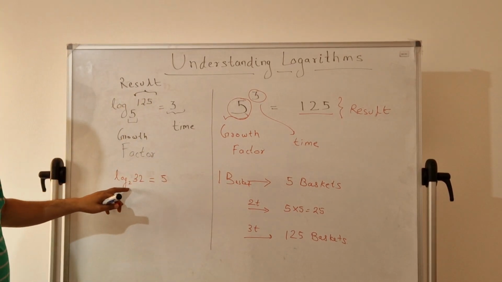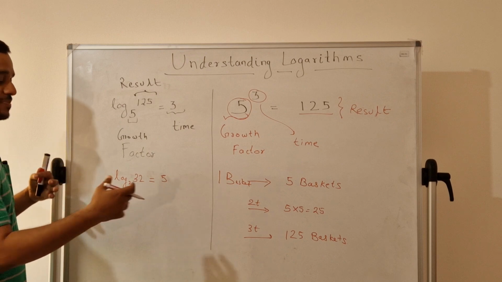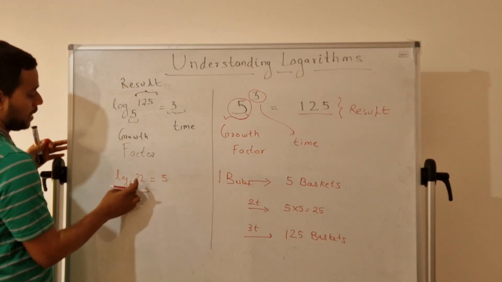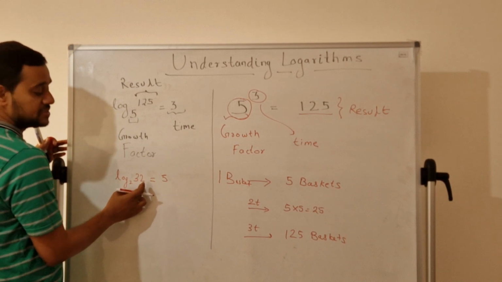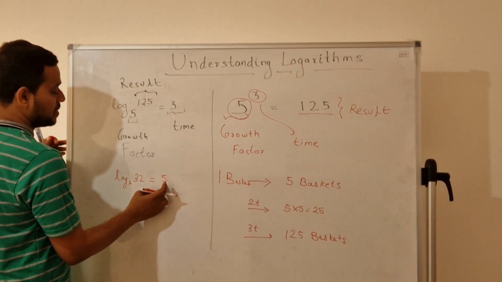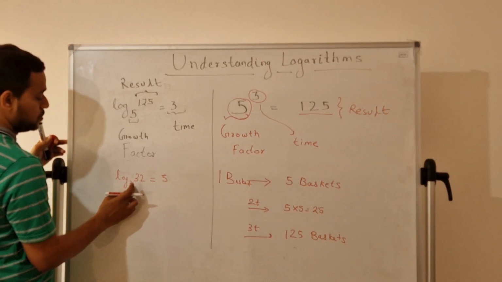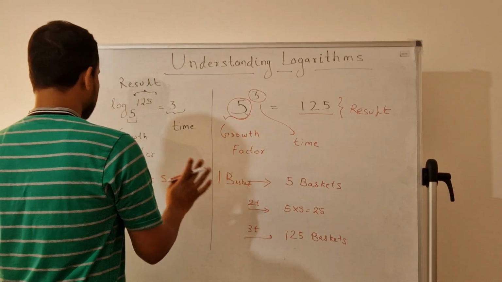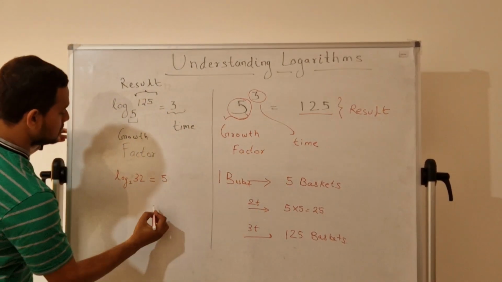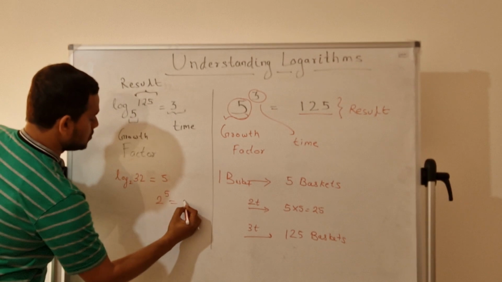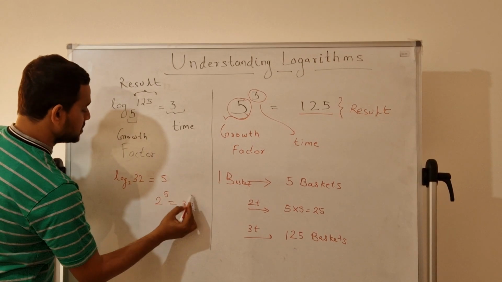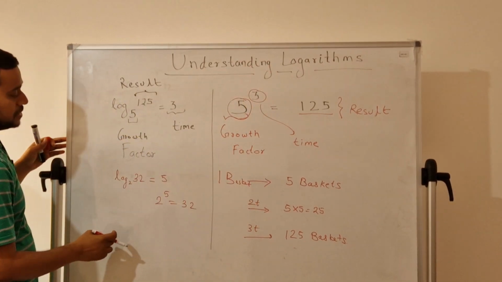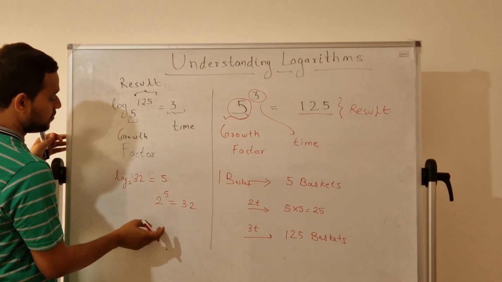In a doubling machine, where whatever you had becomes double every unit of time that passes, and finally you were 32 times the original size, how much time would have passed? 5. 2 raised to the power 5 is equal to 32. In a way, all I have done is taken these numbers and written them in a different format. That is what logarithms are, which I said initially. Logarithms are a different way of writing exponents.